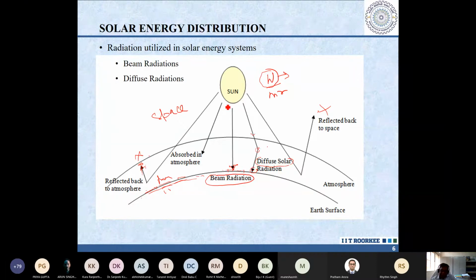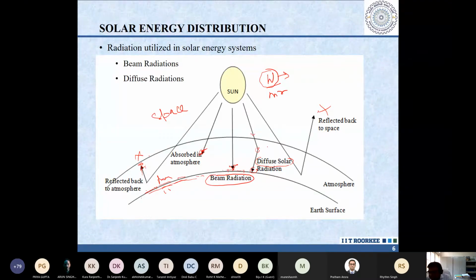And with weather conditions, you feel that sometimes it is hot, and during cloudy conditions most of the solar energy gets absorbed in the atmosphere. That is also not available to me to convert into a useful form of energy.